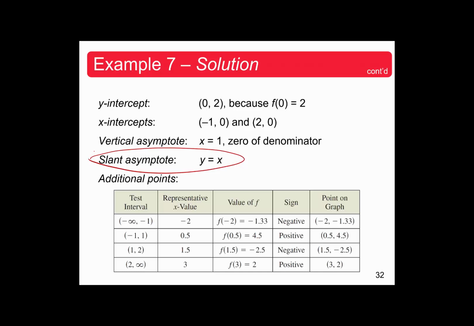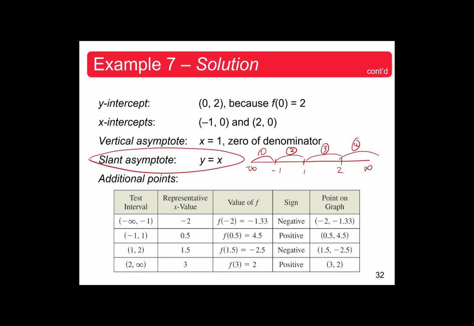Basically we have negative infinity to infinity, and the x values could be negative 1 and 2. Then you'll be able to break it into 4 intervals and test each one of them.